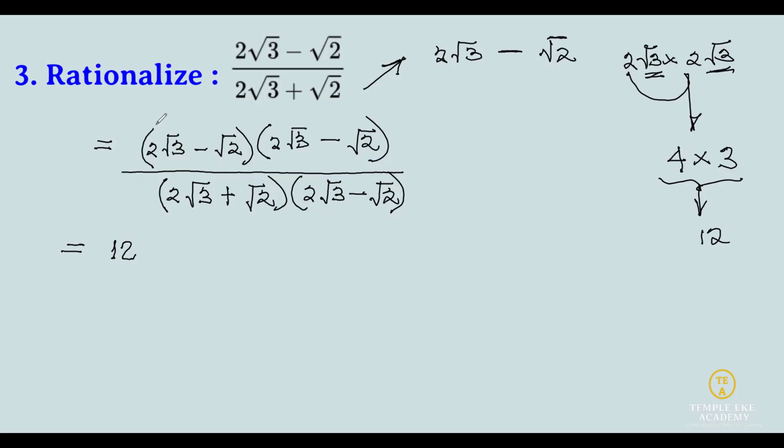Now allow 2 root 3 to multiply the root 2. So you can see that here, 2 root 3 sets out to multiply root 2. So real part, 2 multiplied by 1 there, that's 2. Then the surd, root 3 times root 2, definitely root 6. And you can see there is a minus sign there. Did you notice the minus sign? There is a minus sign around there, so a minus sign prevails.